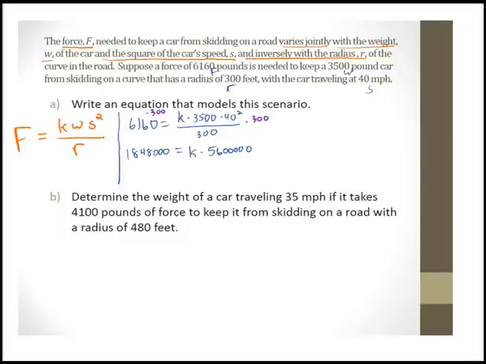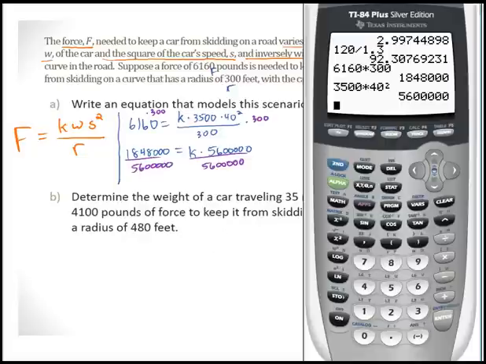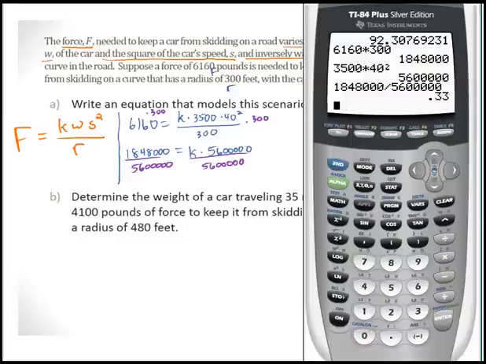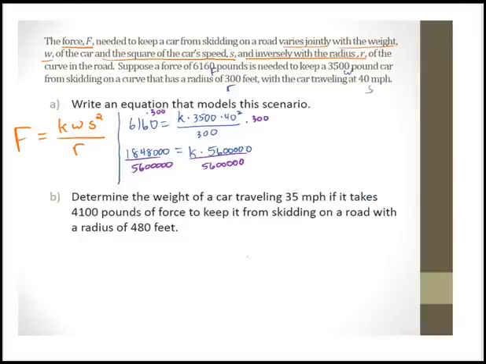Let me divide through by that 5,600,000 to isolate K. 1,848,000 divided by 5,600,000 is 0.33. So then my model is F equals 0.33 WS squared over R.